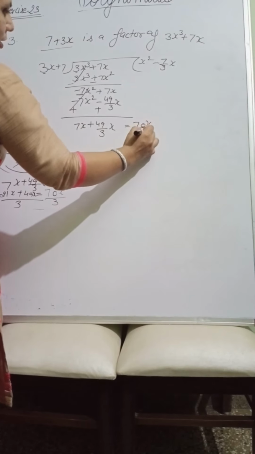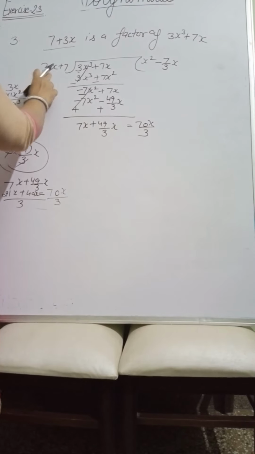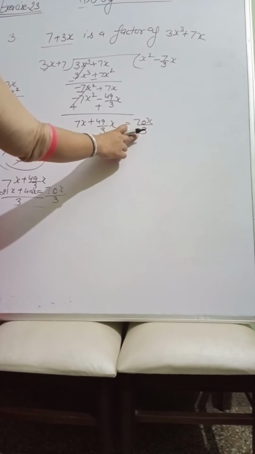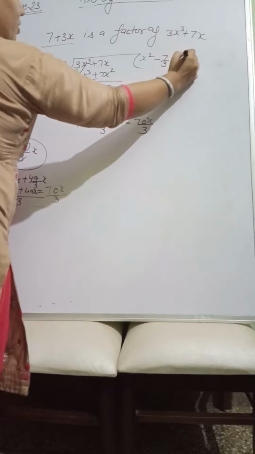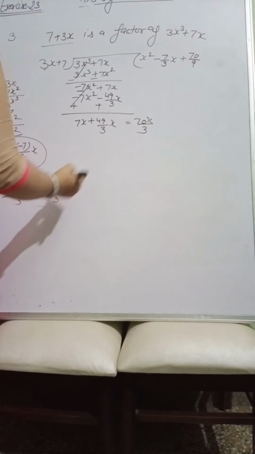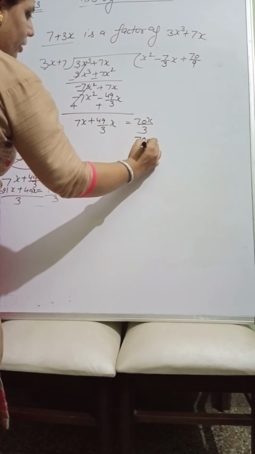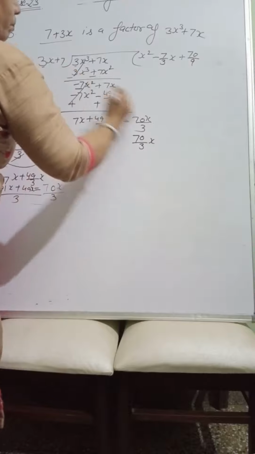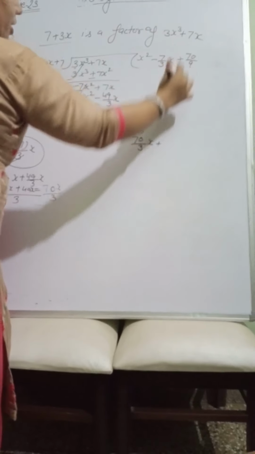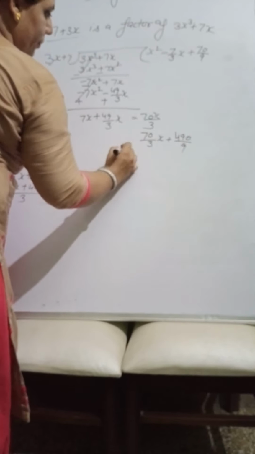So you can write it 70x by 3. Here the coefficient is 3 and I need 70 by 3, so I will multiply it with 70 by 9 only. So what I am getting from here, 70 by 3x plus 7 into 70, 490 by 9.